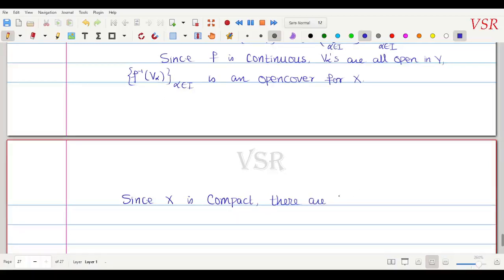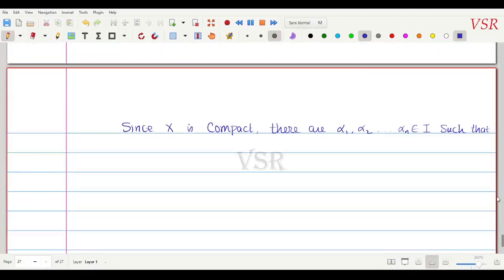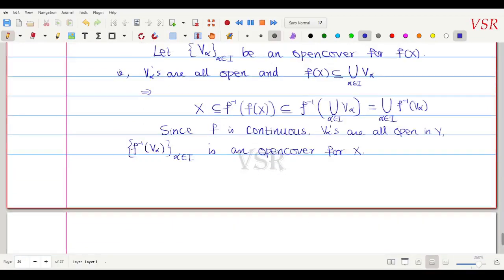The finite subcover: there are alpha 1, alpha 2, ..., alpha n belonging to capital I such that I may write it in this way, that capital X is equal to... இந்த கேஸை பொறுத்தவரைக்கும் இங்கே சப்செட் தான், இது கரெக்ட் தான், ஆனா X விடவும் பெரிய செட் கிடைக்கிறதில்லை, X தானே இருக்கிறதுலே பெருசு. அப்போ this X is always a subset of this, அப்படினா both are equal அர்த்தம். That is, X must be equal to the union of all alpha belongs to capital I of f inverse of V alpha. Okay, இதான்.